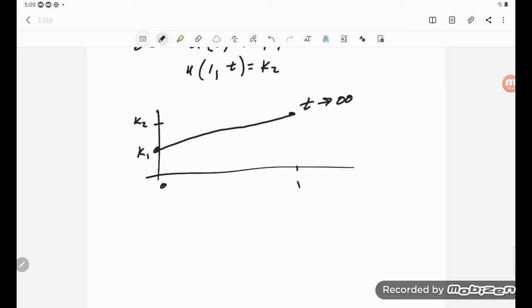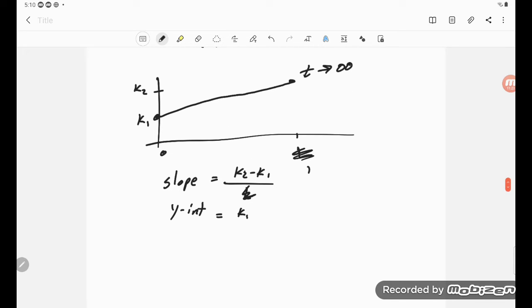In this case, if you use their L, then the slope is equal to K2 minus K1 over L. If we just use 1, it just makes that K2 minus K1, with a y-intercept of K1, actually (0, K1).